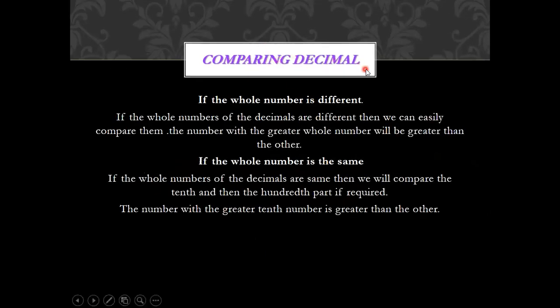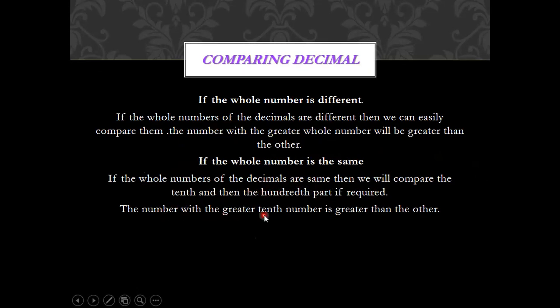Now comparing decimals. If the whole numbers of the decimals are different, then we can easily compare them. The number with the greater whole number will be greater than the other. If the whole numbers of the decimals are the same, then we compare the tenths, hundredths part if required.